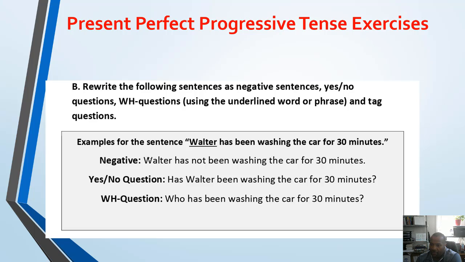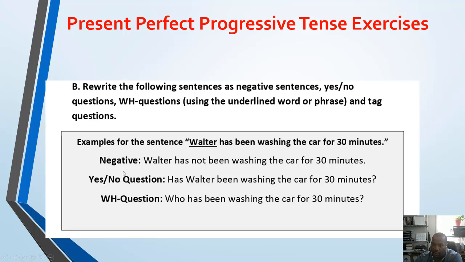The negative way to write this is Walter has not been washing the car for 30 minutes. Yes or no question would be, has Walter been washing the car for 30 minutes? And then the WH question would be, who has been washing the car for 30 minutes? Okay, they used the who here for the WH question.